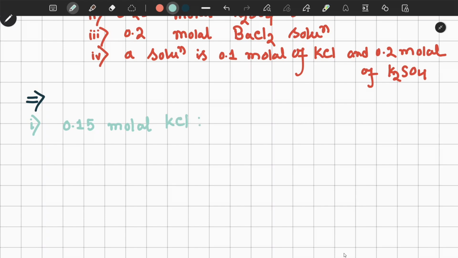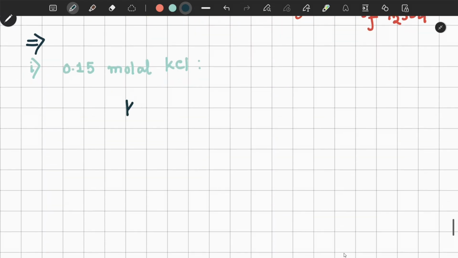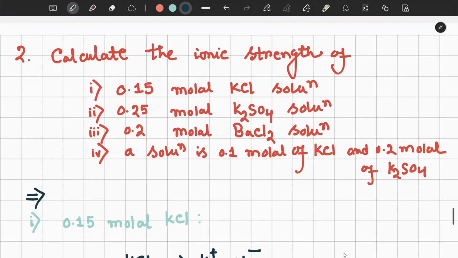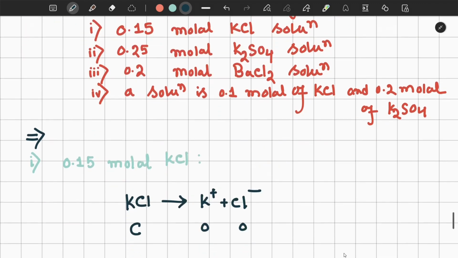This is the first problem, right? First, what is the procedure? First, you have to write down the reaction, the starting concentration. The gamma plus minus calculation? No, I don't need gamma plus minus here. I have to just calculate the ionic strength. Gamma plus minus is not needed here.